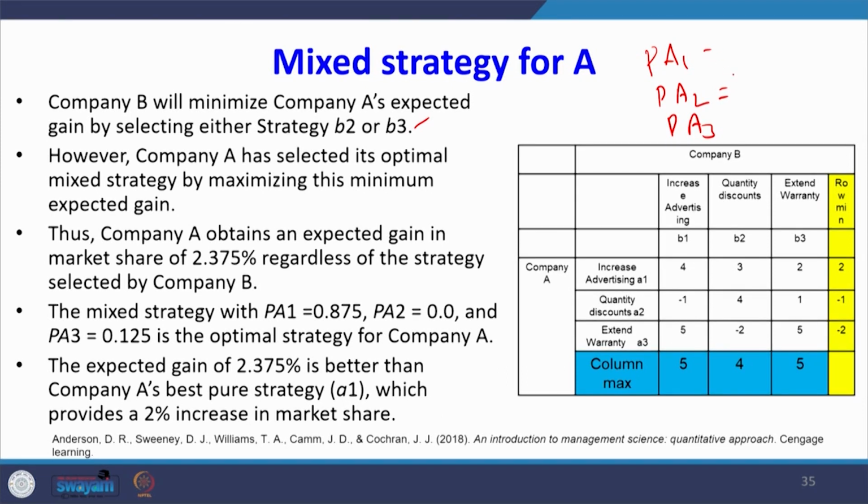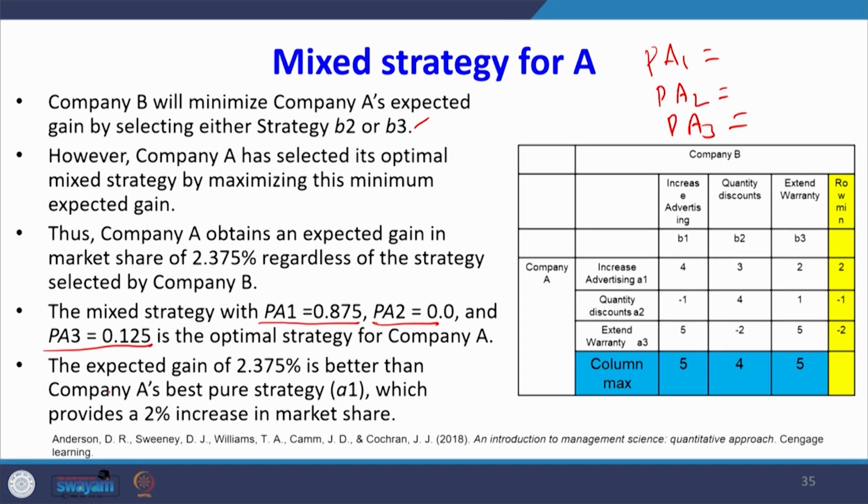If company A plays with this probability distribution, whatever strategy is chosen by B, B2 or B3, there will be a gain of 2.375 percent for player A. Thus, company A obtains an expected gain in market share of 2.375 percent regardless of the strategy selected by company B. So, the mixed strategy we are suggesting for company A, PA1 0.875, PA2 0, PA3 0.125, is the optimal strategy for company A.